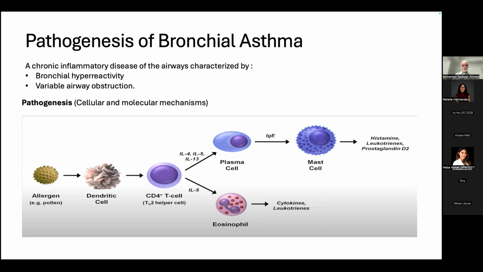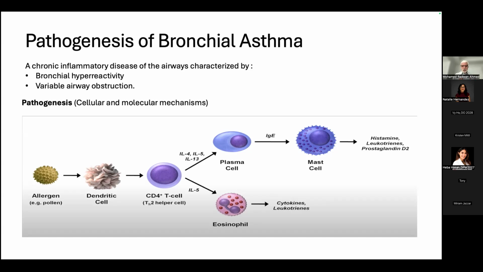If this person is predisposed genetically to asthma, usually a child, they produce T helper 2 more in reaction to that dendritic cell antigen presentation. So this produces T helper 2 rather than T helper 1 cells.